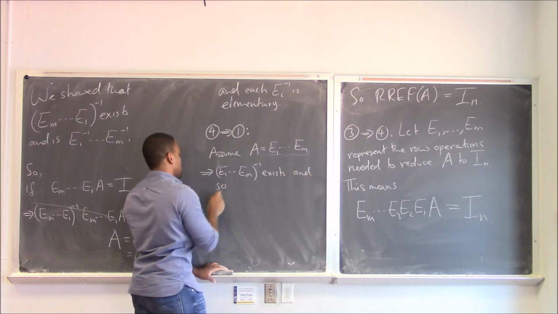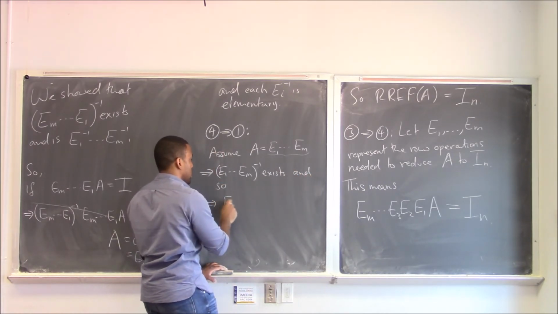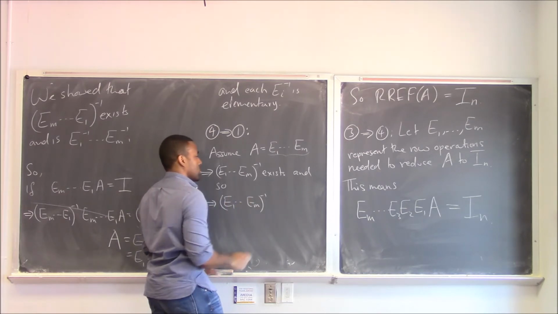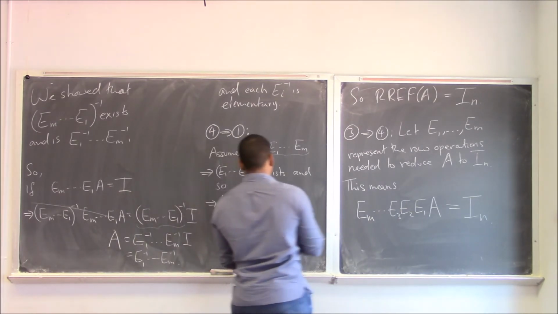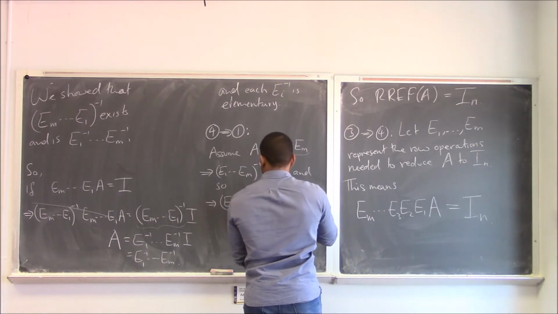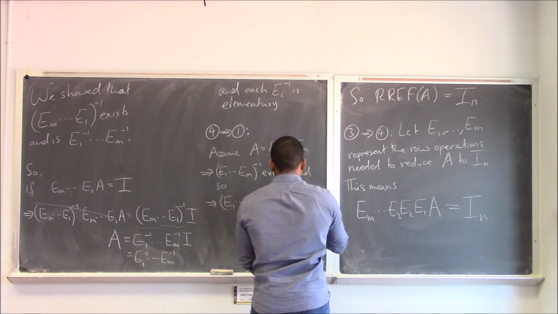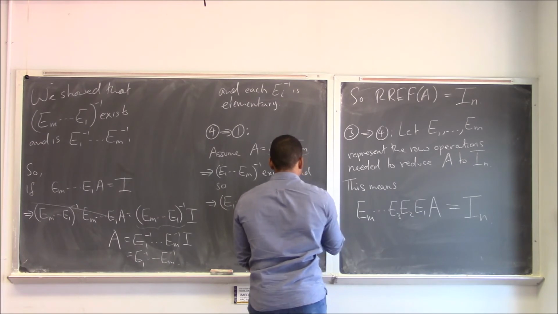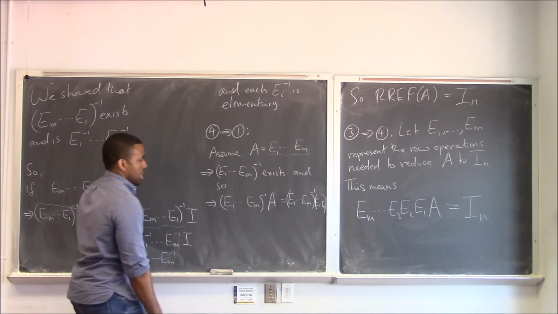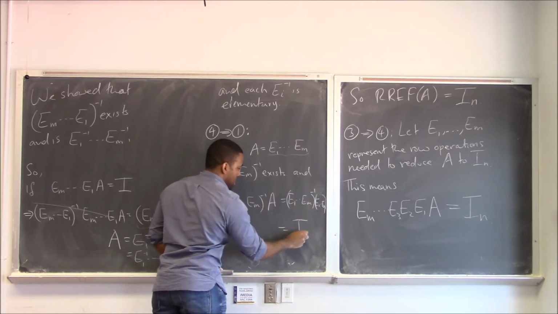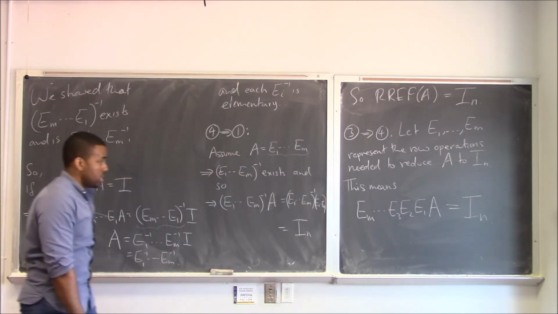And so I can multiply both sides on the left by this inverse. E1 through En, right? Now multiplying this by its inverse gives me the identity by definition of what the inverse is.